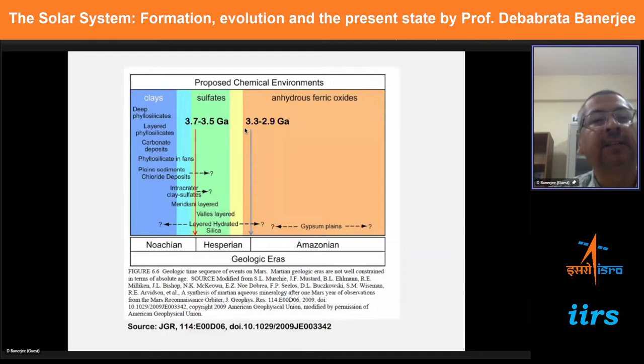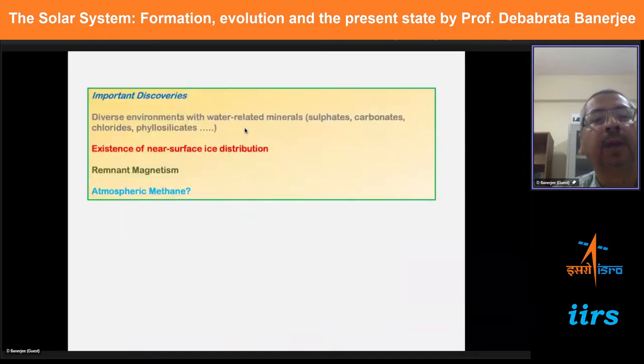Initially you have clay formation, you need water, then you have sulfates, and then you have anhydrous ferric oxides in a very dry environment, and that's why you have that color on Mars.